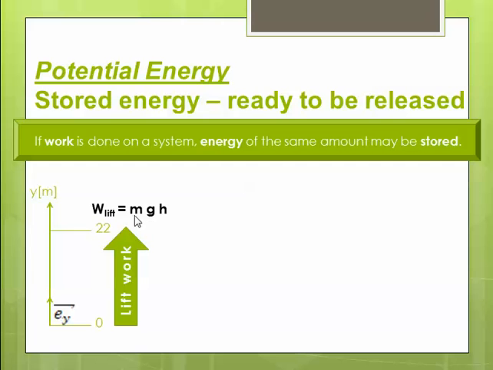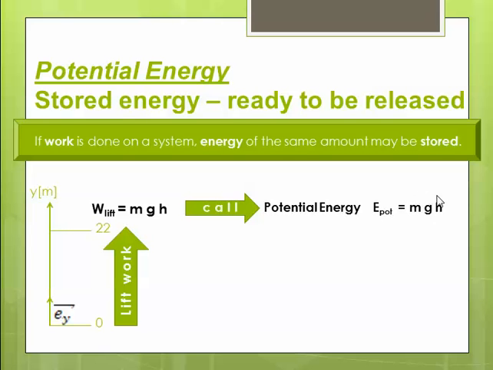Lift force times displacement. Now this lift work we can now call potential energy, because by doing work we store potential energy in the body, and the potential energy is given by the same formula, m times g times h.